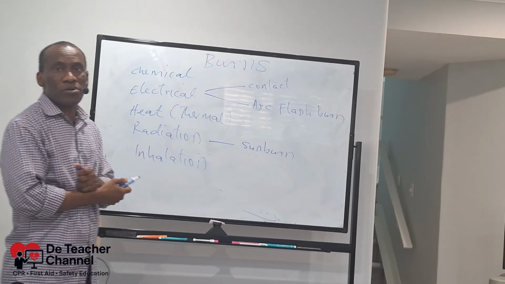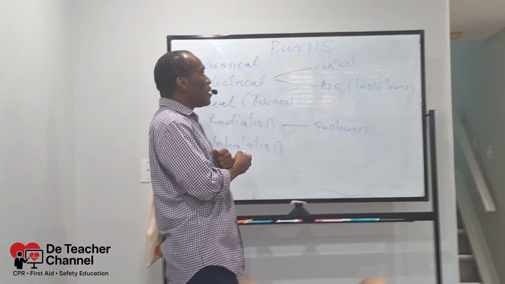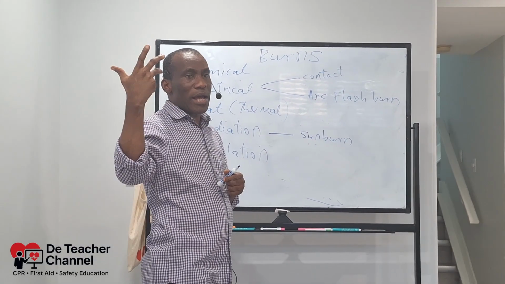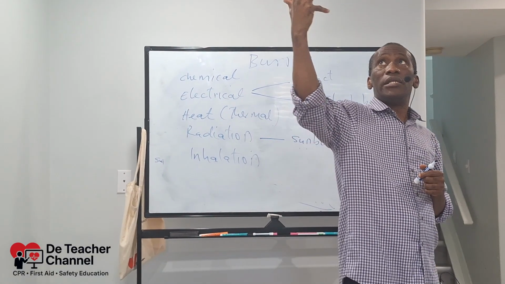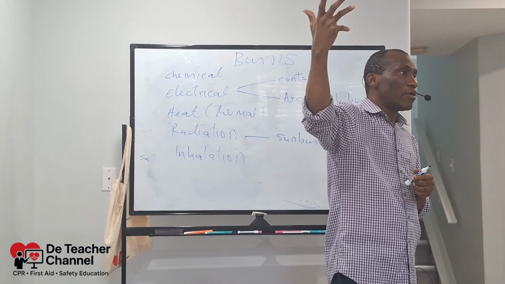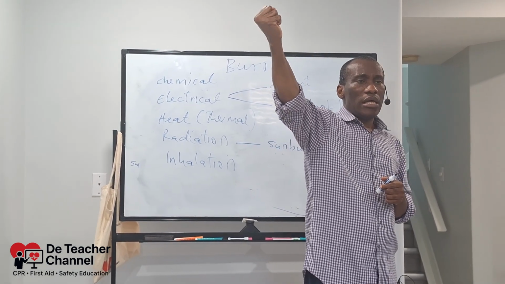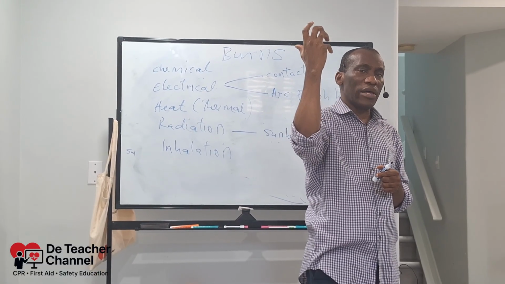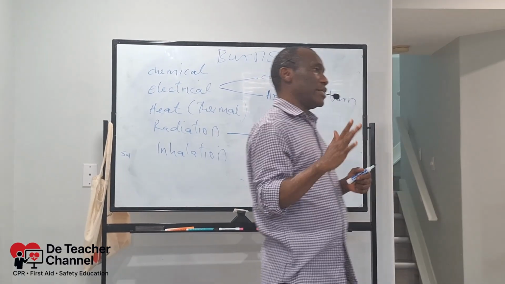Contact burn is when you touch a live wire or anything with a faulty electrical working or function. That will take the current from that wire or whatever you touch that is faulty into your body.